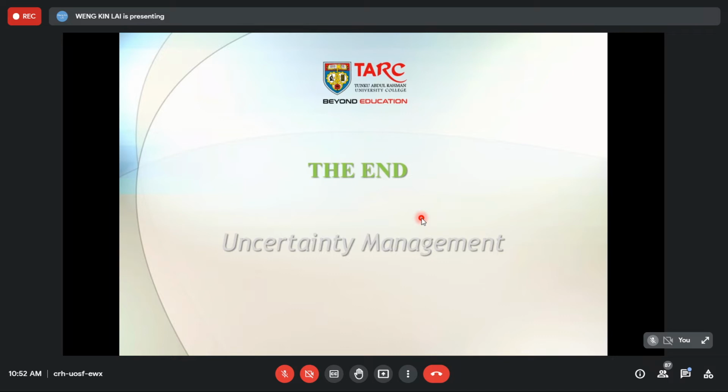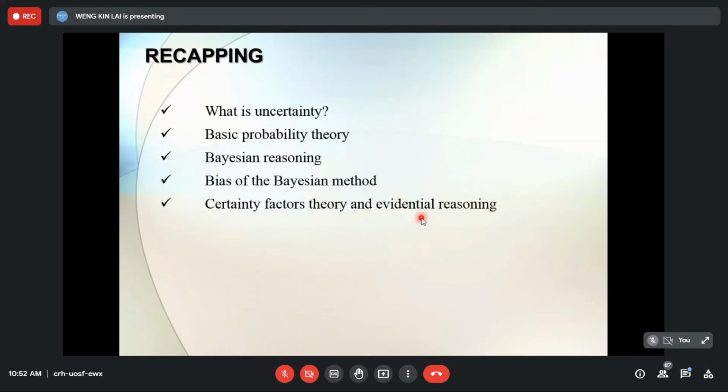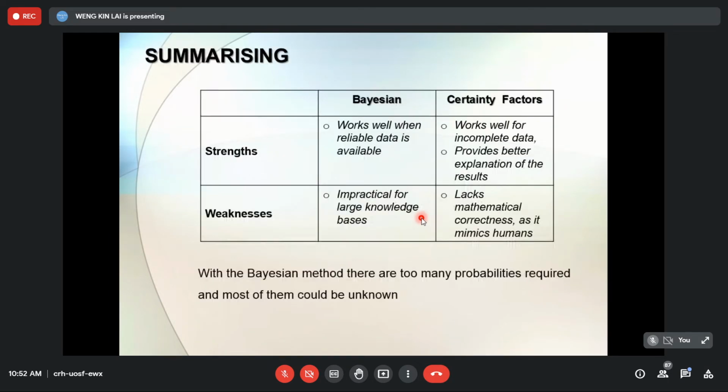As usual, before I stop, are there any questions that you need to ask? Just now you said one of the weaknesses of the certainty factor is it lacks mathematical correctness. Like compared to the Bayesian, how much does it lack?